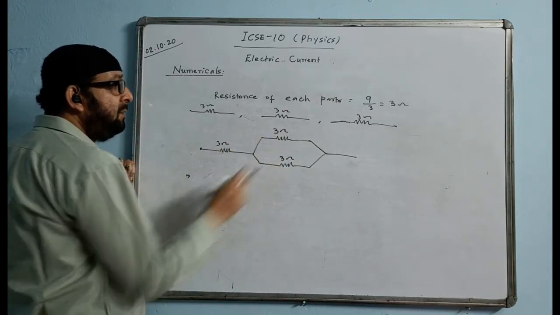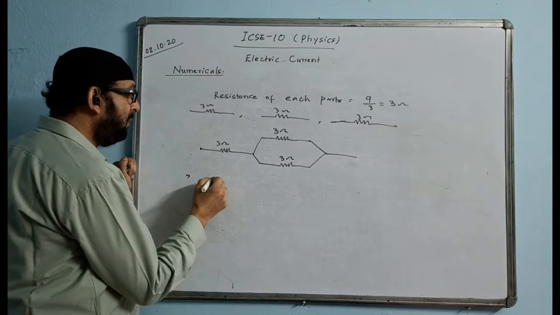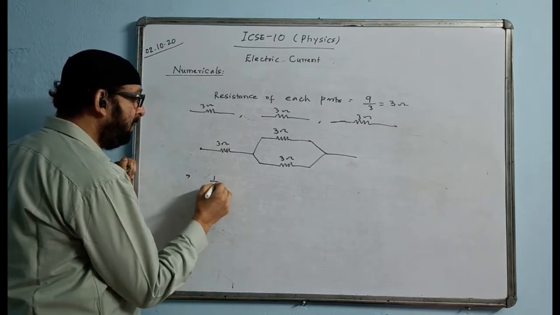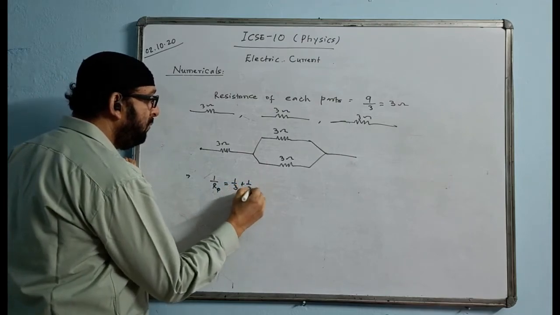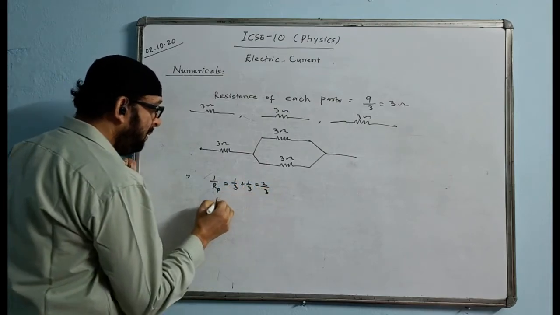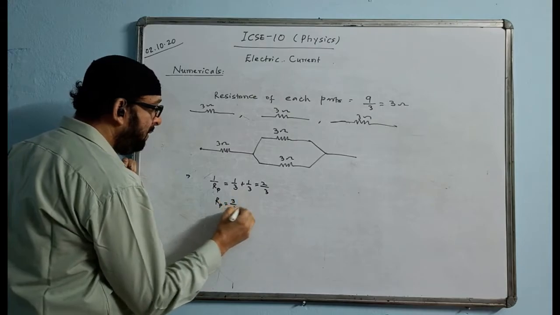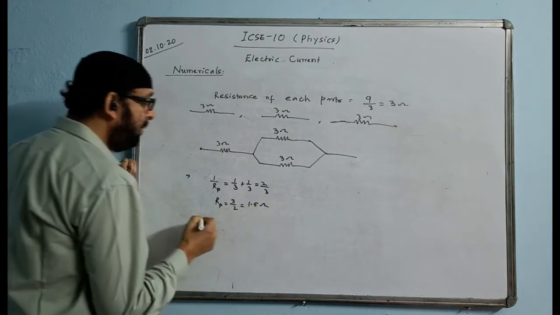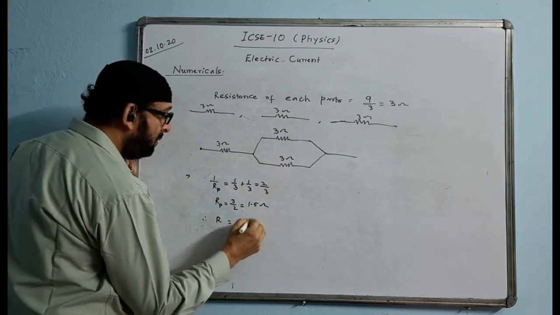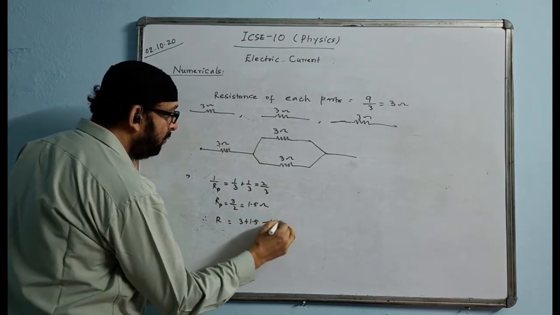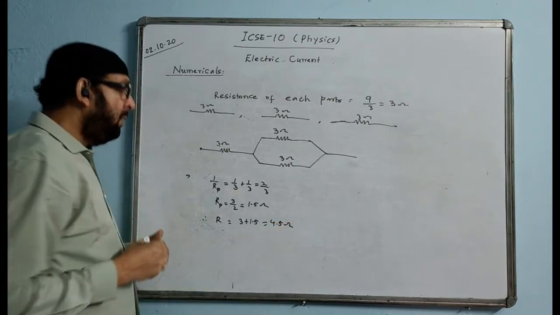These 2 are in parallel, so you can verify the answer with the parallel formula. 1 by RP is 1 by 3 plus 1 by 3, so 2 by 3. Therefore RP value will come 3 by 2, the answer is 1.5 ohm. Therefore, the total resistance will be 3 plus these 2 together, 3 plus 1.5, the answer is 4.5. That is the answer.